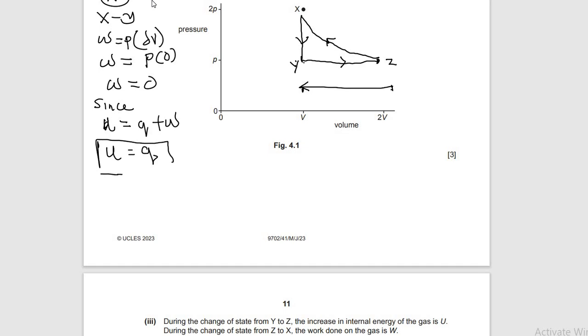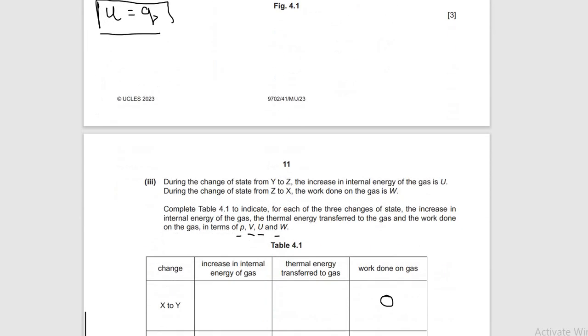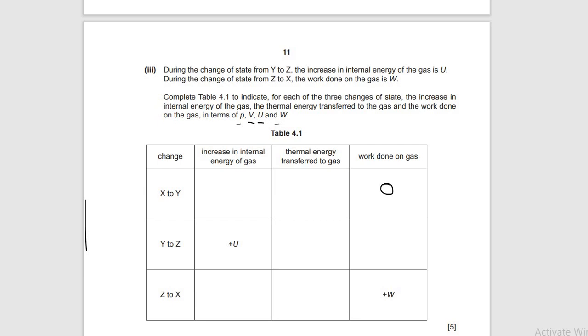Internal energy and heat are the same. Now, this was a mistake. We need to be very careful. Now, I've observed that U and Q is 0. But now let me go down to Z to X.